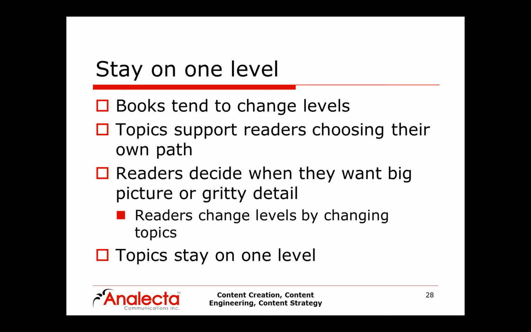Now, when you write a book, it's going to change levels, and in fact, a big part of planning how to write a book is to figure out, do I start with detail, and then do I expand out to draw a general principle from the detail? Or do I start by giving people a general principle and then go down into detail to show examples of the principle like I've just talked about?